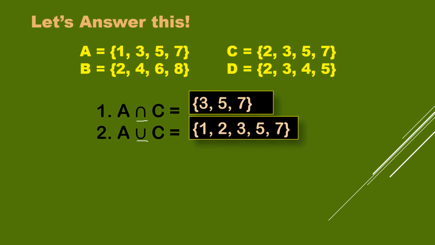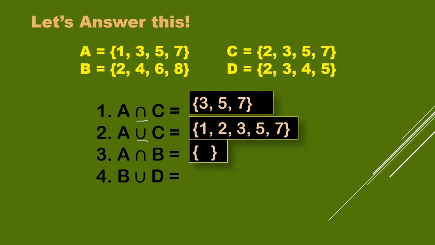Alright, let's have number 3. A intersection B. Set A and set B. So, tingnan nyo kay set A at saka kay set B. So, ano yung elements na common sa dalawang sets? Meron ba? Tama! Wala. Kaya, ang sagot natin ay empty set. Very good.